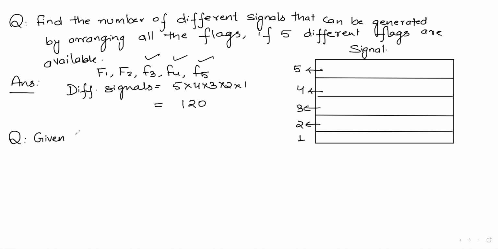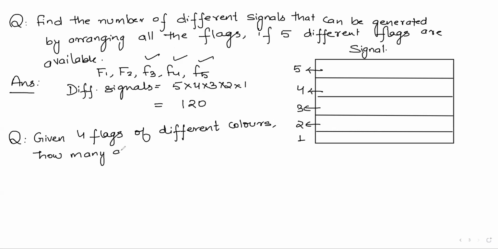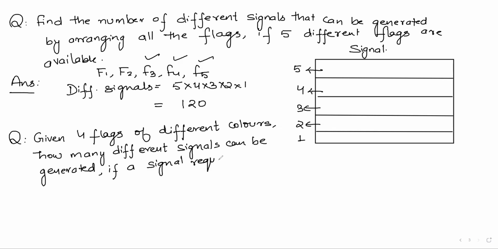The next question: given 4 flags of different color, how many different signals can be generated if a signal requires the use of two flags, one below the other?